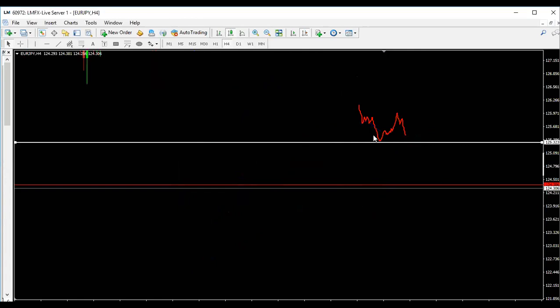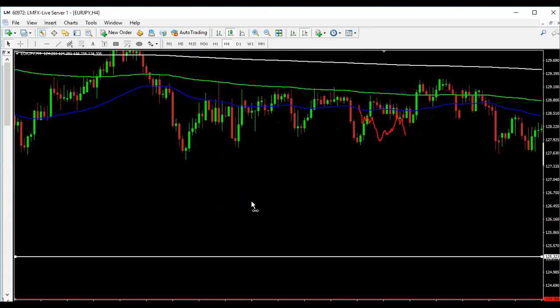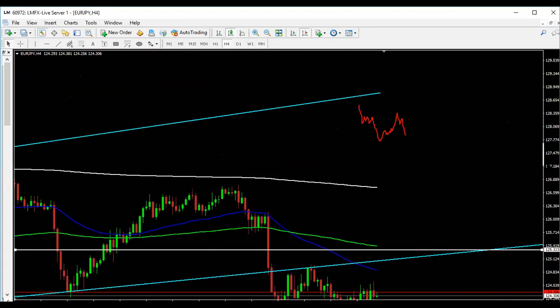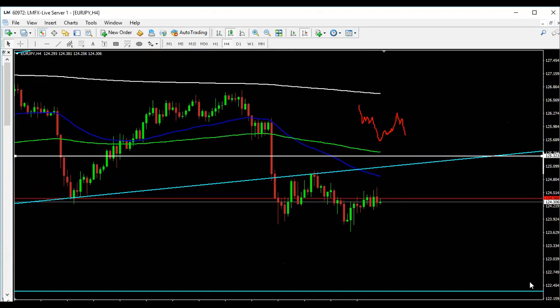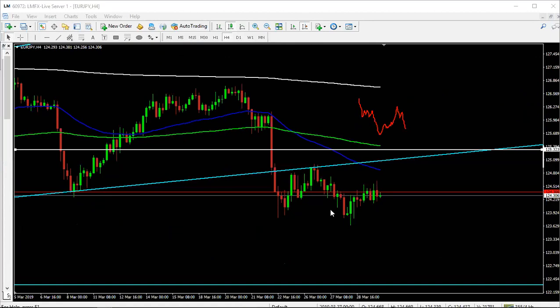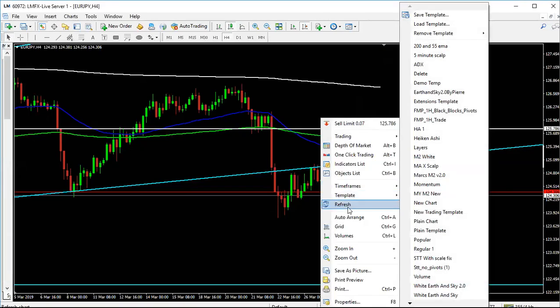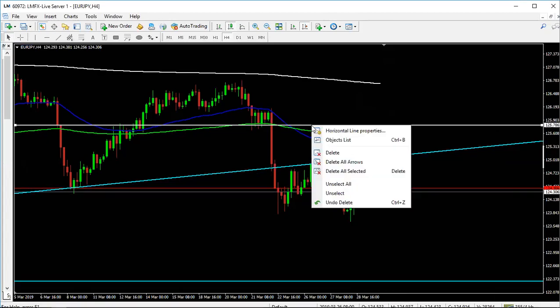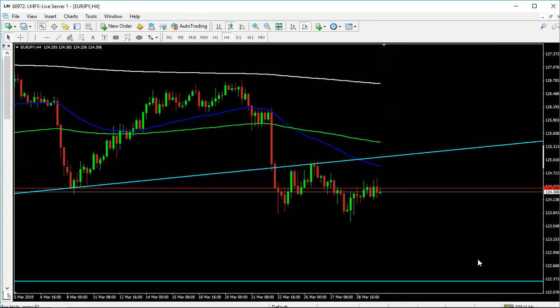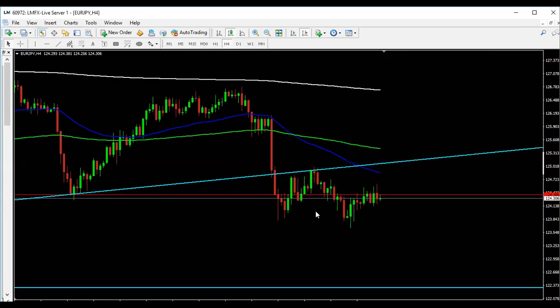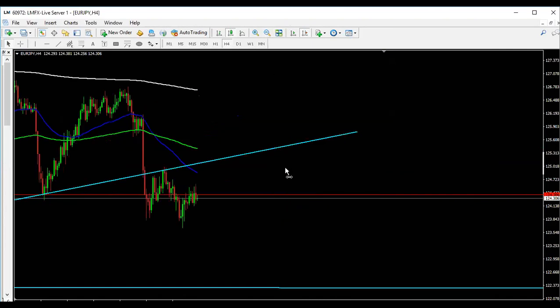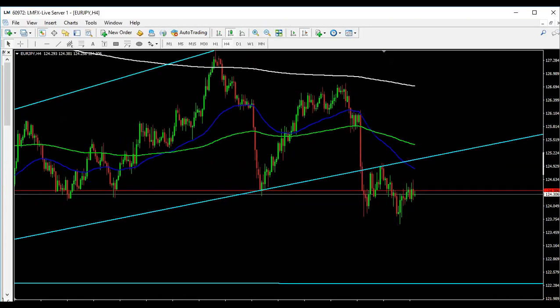Jump down to the 4-hour time frame. Okay, here we are. We're on the 4-hour time frame. So we know from what I just said, we have impulse.